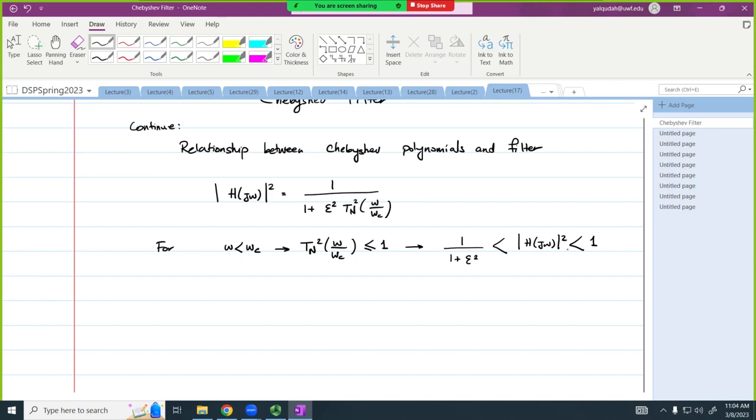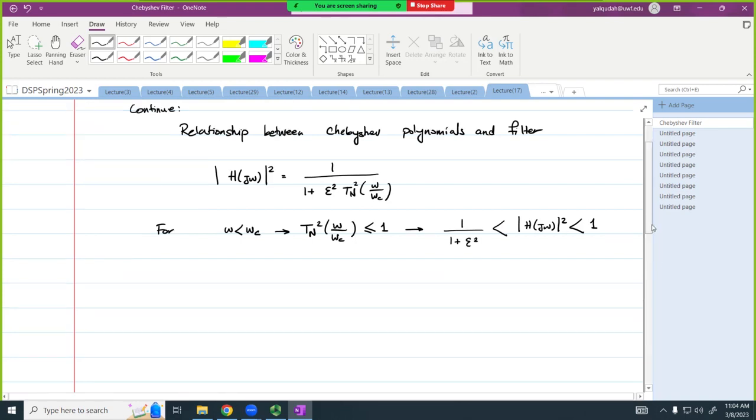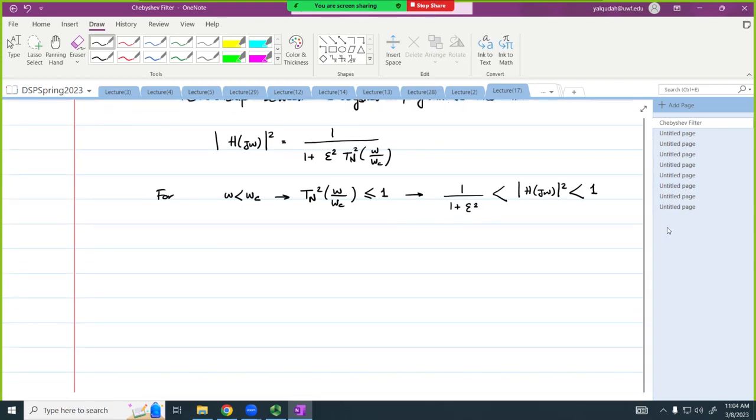Because again, when omega is less than omega c, the Chebyshev function is going to be between 0 and 1. When omega is equal to omega c, what does Tn squared of omega over omega c equal?